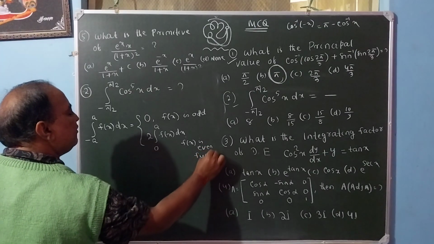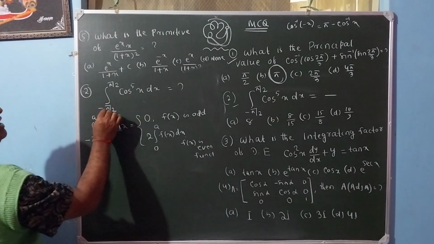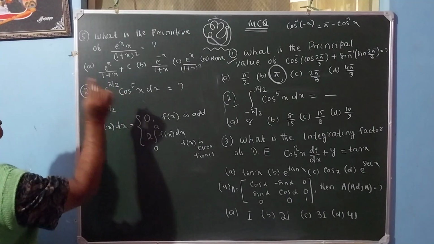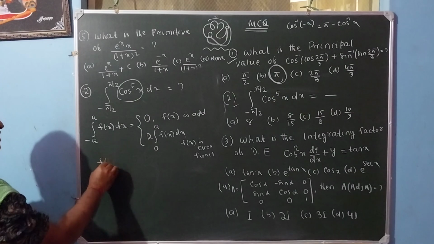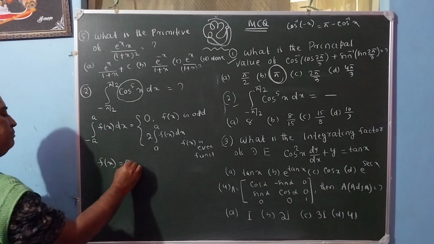We know it. Here minus a to a means minus pi by 2 to plus pi by 2. f(x) is equal to cos to the power 5 x.